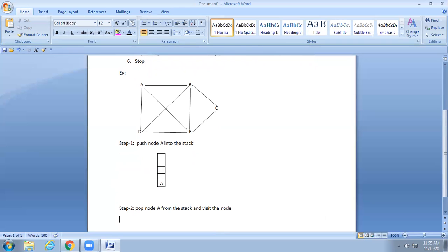A is the top of the stack, so you have to pop A from the stack and visit node A.